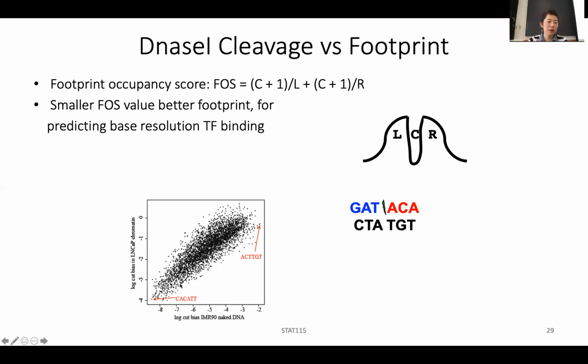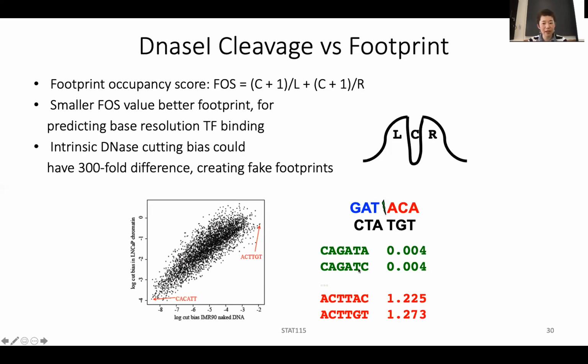It will still have this distribution, which means that some cuts are more likely to happen than other cuts. Because with DNase, every time you see a read, it means there is a cut right next to it. So we can look at every time the read maps there, and we look at the sequence there, and also the 3 nucleotides before this, and we can build a cutting model.